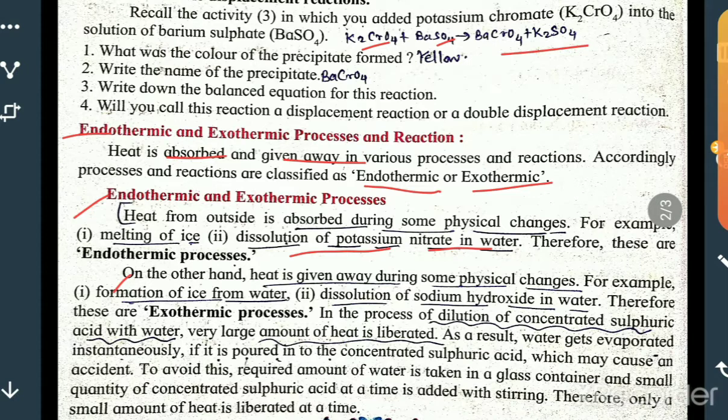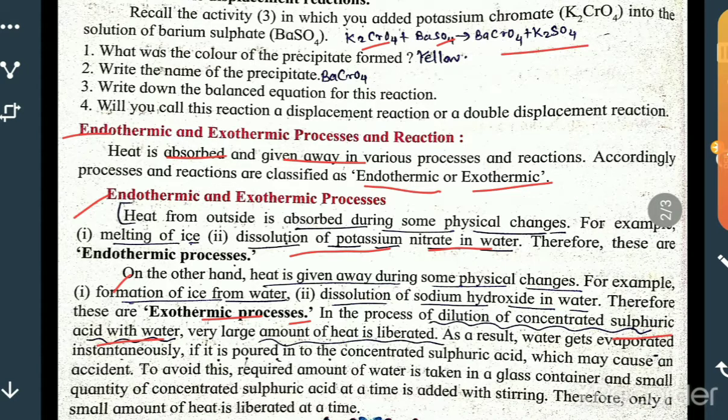Now on the other hand, heat is given away during some physical changes. For example, number 1, formation of ice from water. Number 2, dissolution of sodium hydroxide in water. Therefore, these are exothermic processes. In the process of dilution of concentrated sulfuric acid with water, a very large amount of heat is liberated.